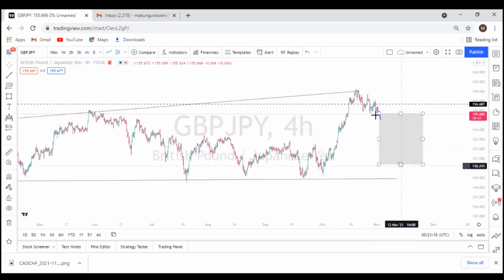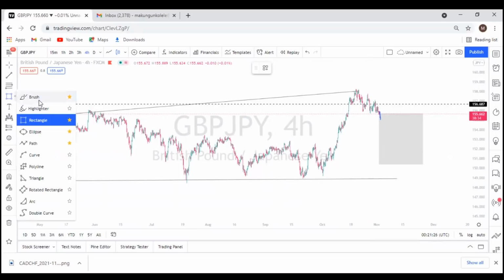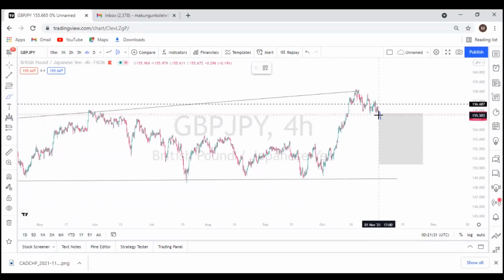So this is a huge trade, but then obviously the market won't just go straight down. It's gonna go down, right? And then it's gonna correct. Let me just illustrate how it can possibly move.